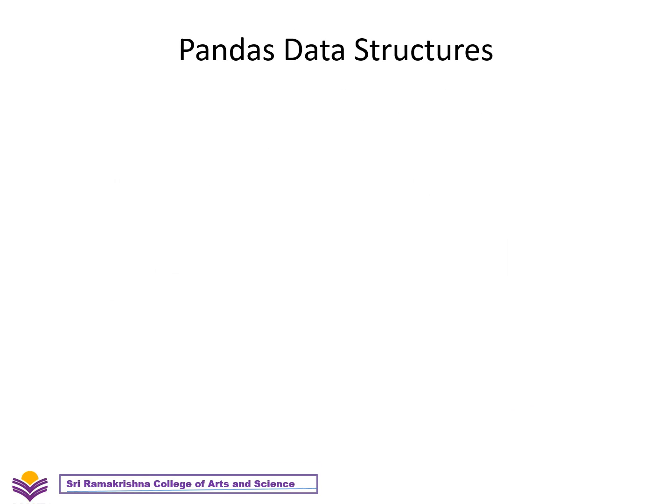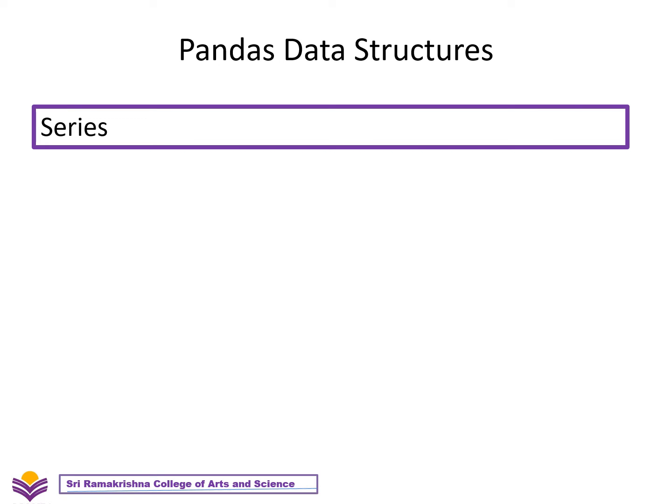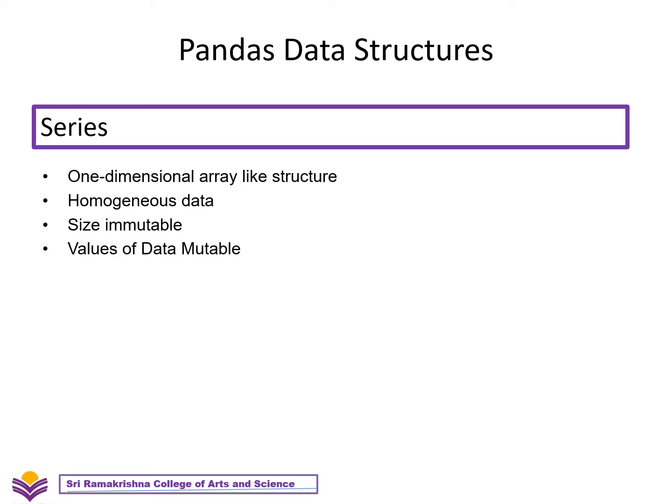The pandas has two main data structures. The first one is series, and this series is nothing but a one-dimensional array-like structure. And just as an array supports only homogeneous data, the series also can have only homogeneous data.